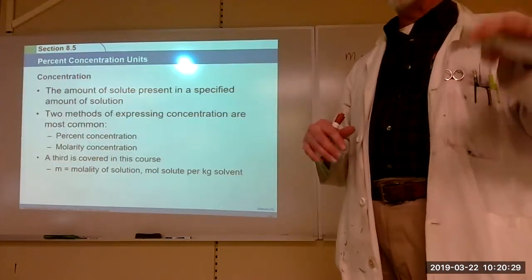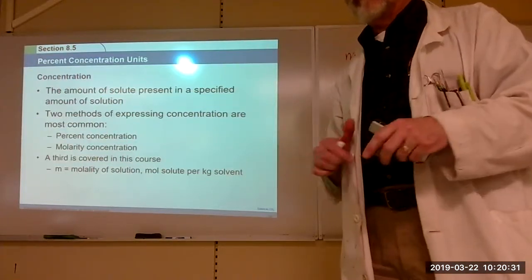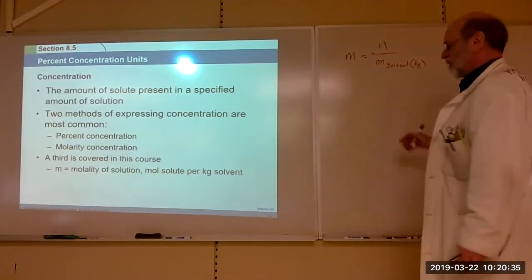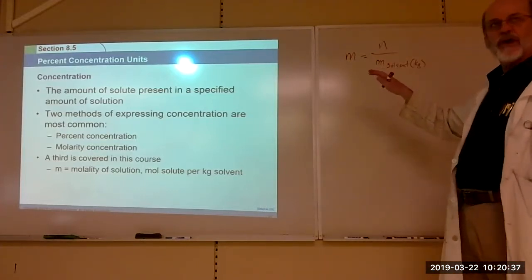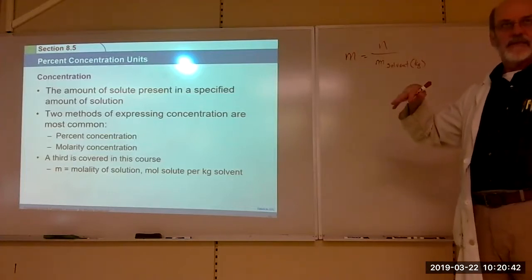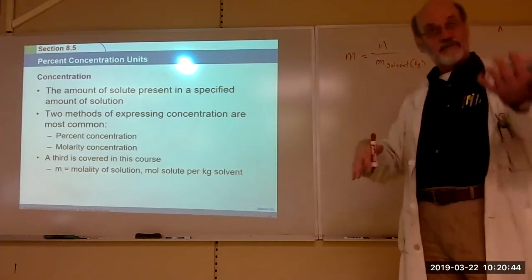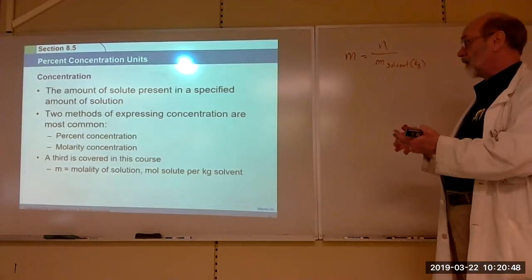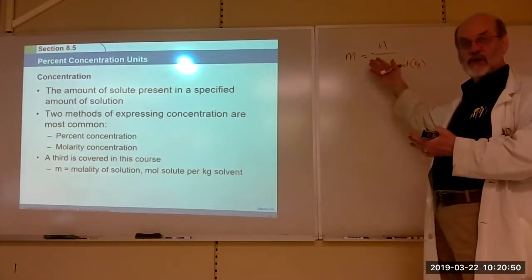I'll define that for you in a few minutes, I think. But the freezing point depression is based upon this concentration, not molarity, because freezing point involves temperature, right? So if the temperature is going to change during the experiment, we don't want molarity, we want molality.